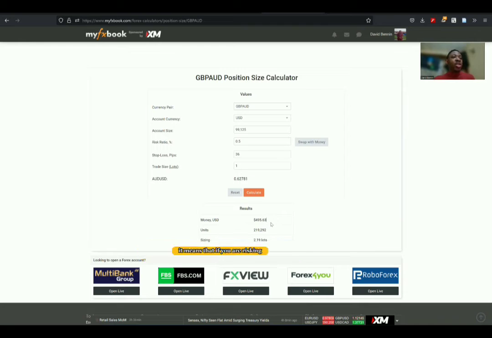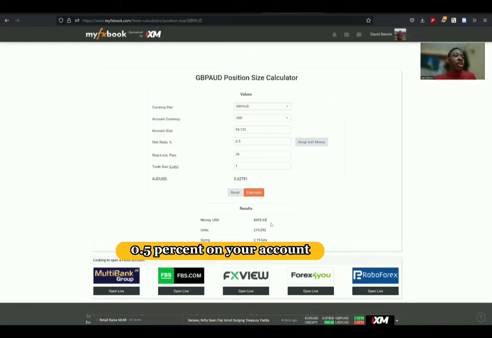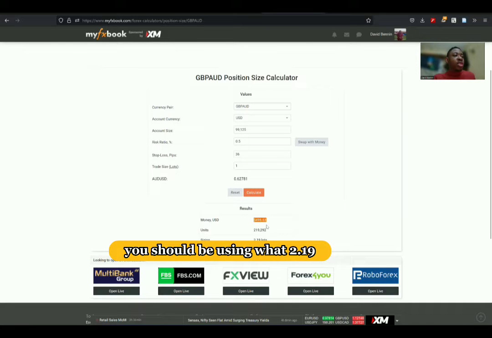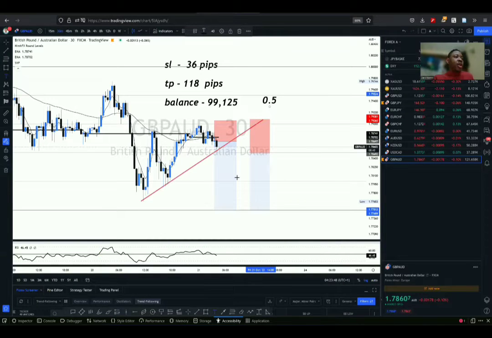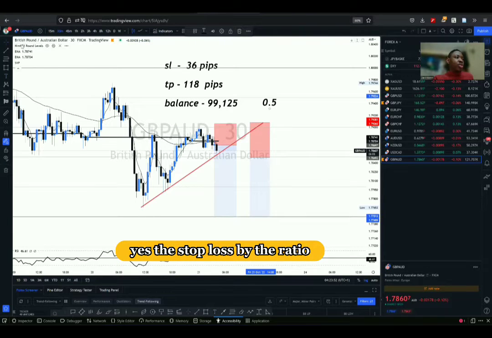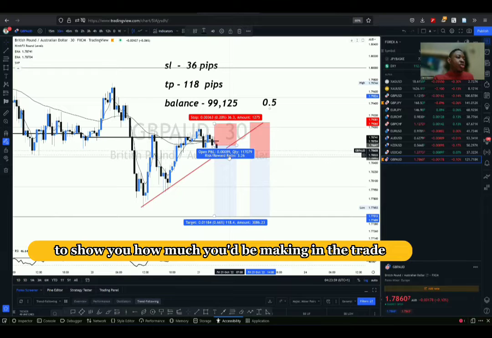This is very important. It means that if you are risking 0.5% on your account on this trade, and the current balance, you should be using 2.19 lot size. If this is a 1:3 risk to reward ratio, you can multiply the stop loss by the ratio to show you how much you will be making in the trade.